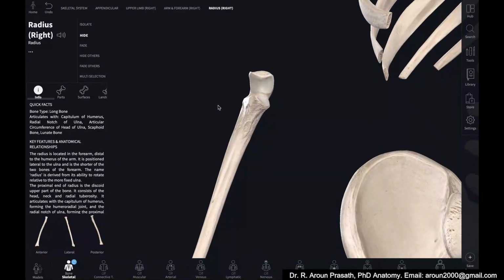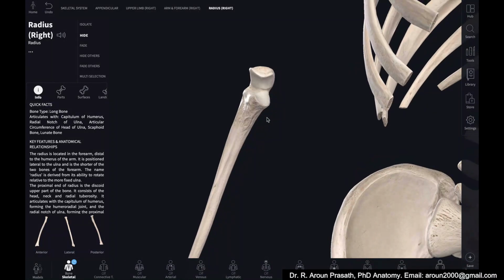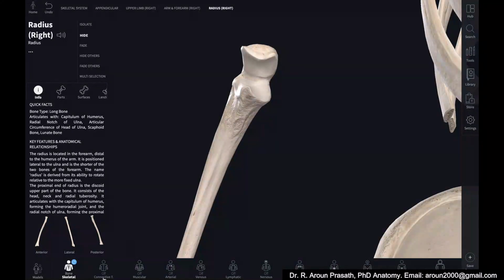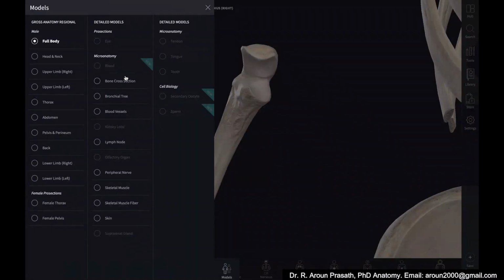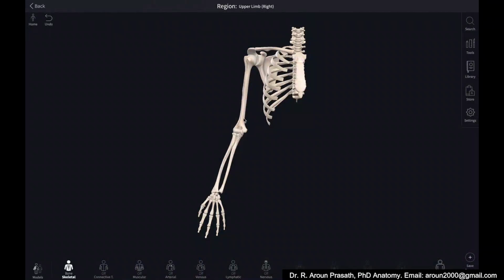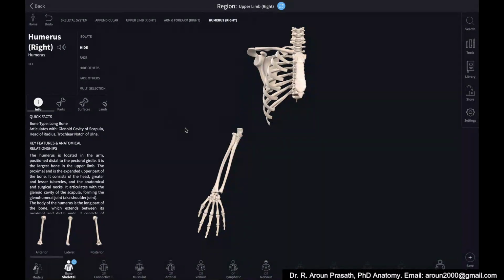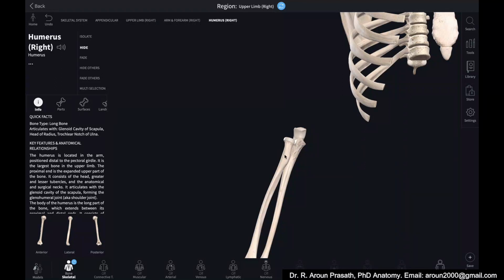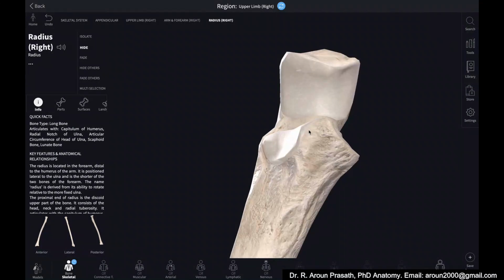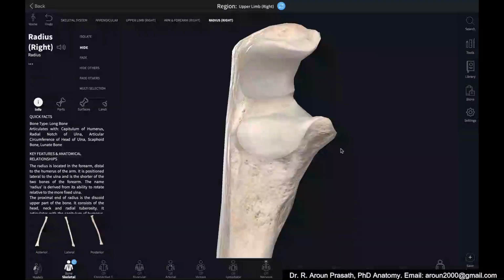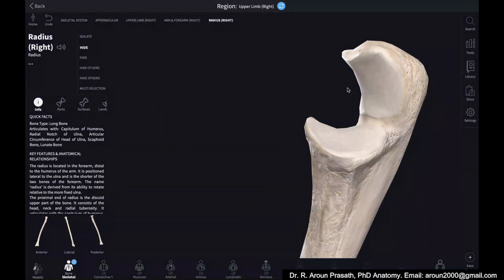Now if you see, the upper end of the ulna is like a hook, like a bird's beak. This is the beak of the ulna.